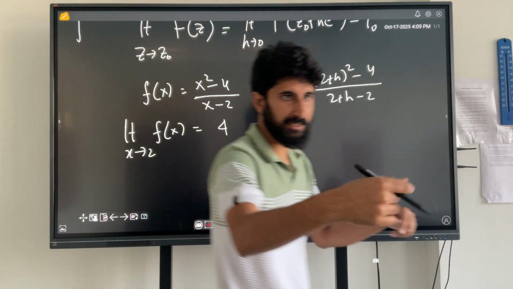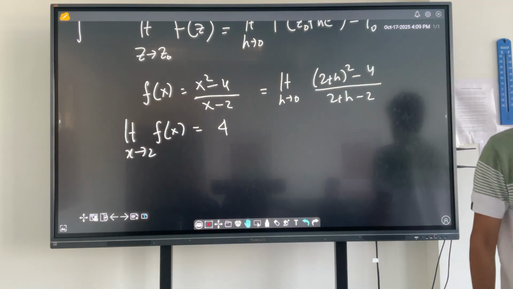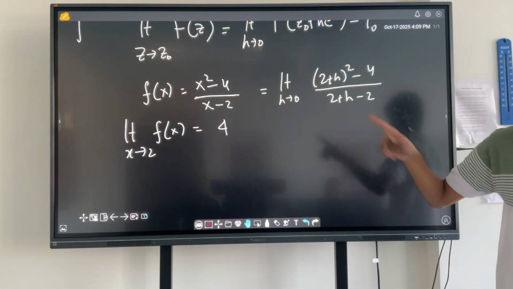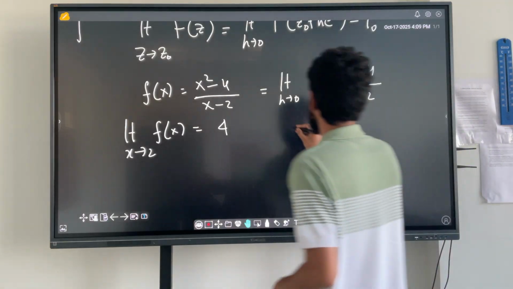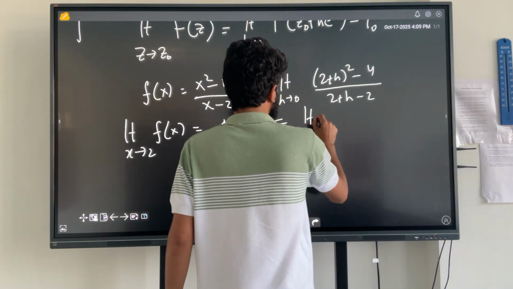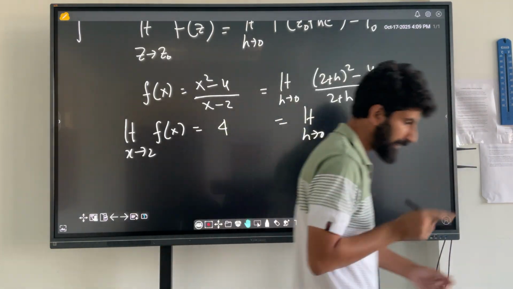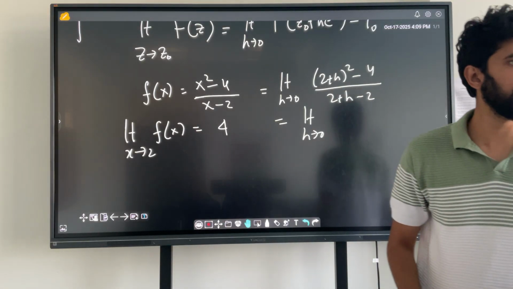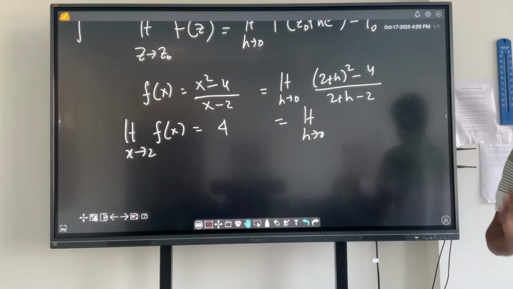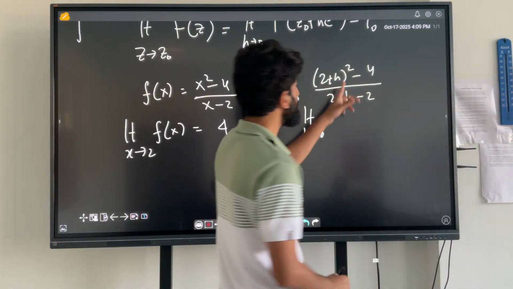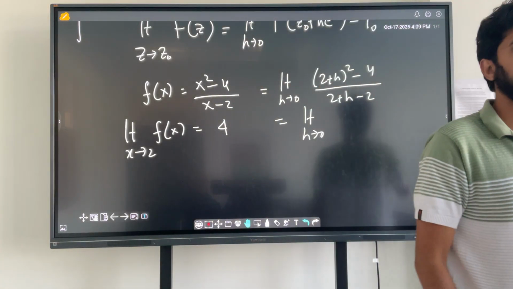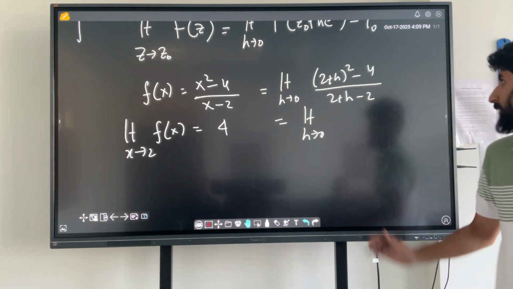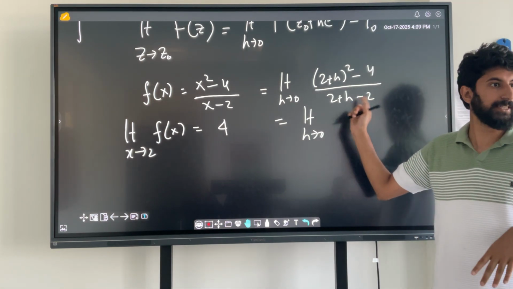This is checking the upper side limit, so remember h is positive. Since you are taking h to 0, h is very small, so you can ignore h square, h cube, any higher powers of h. But you have to keep h to the power 1 because the denominator has h.